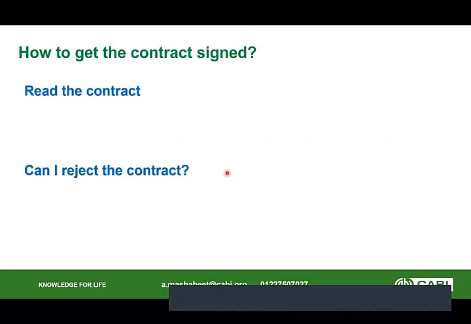So before we sign the contract, we need to read the contract, and we sometimes might find some conditions or some terms in the contract that make us think, oh my, can I reject the contract now?